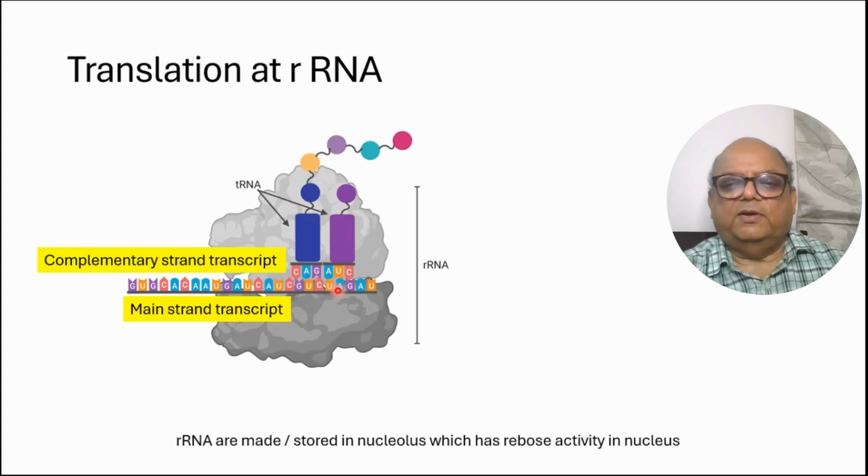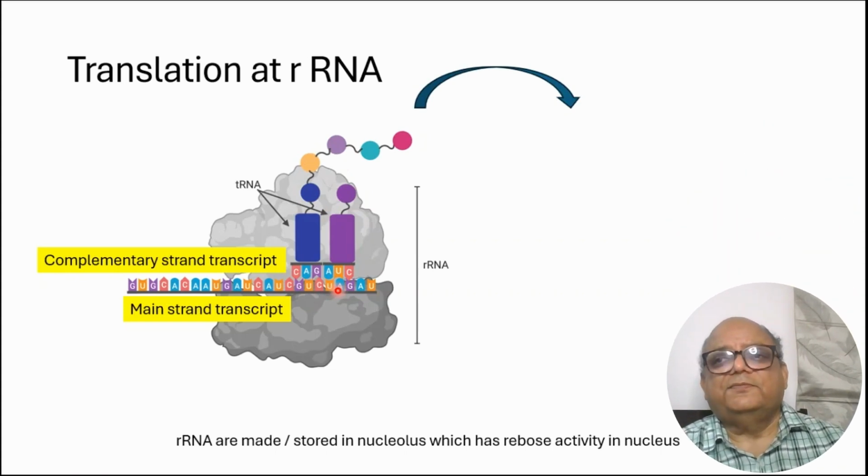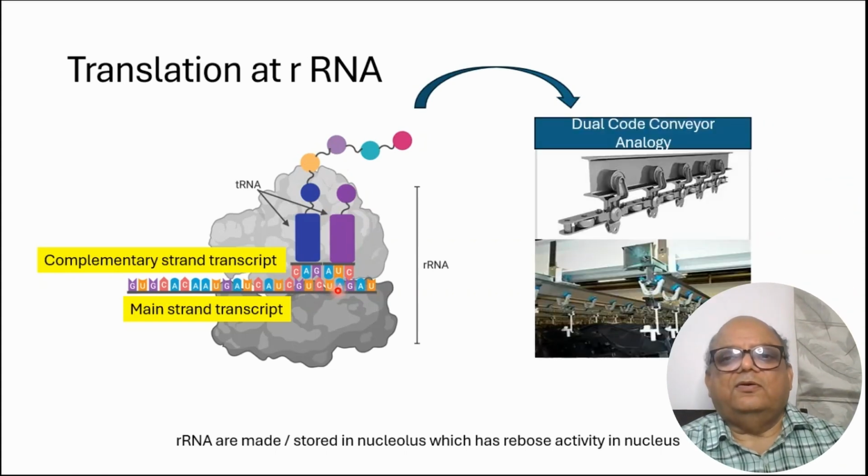Right now, if you turn it by 180 degrees upside down and equate it with some engineering mechanisms that we see in factories, of course. Now here you can have the main code carried on one conveyor. Okay, so the main codons are carried on one conveyor, which is one mRNA. The anticodons are carried on the complementary strand transcript.